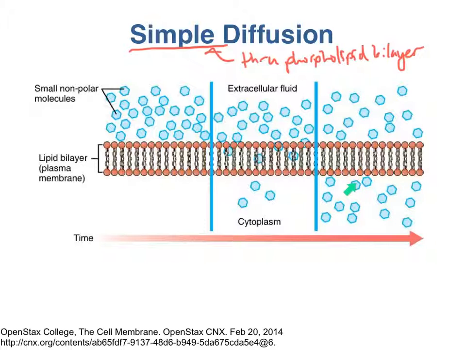And even at this point, when they're in equal concentrations, you're still going to have some molecules moving across the membrane. It's just that the number of molecules moving into the cell is equal to the number of molecules out of the cell. So it's more like in equilibrium.